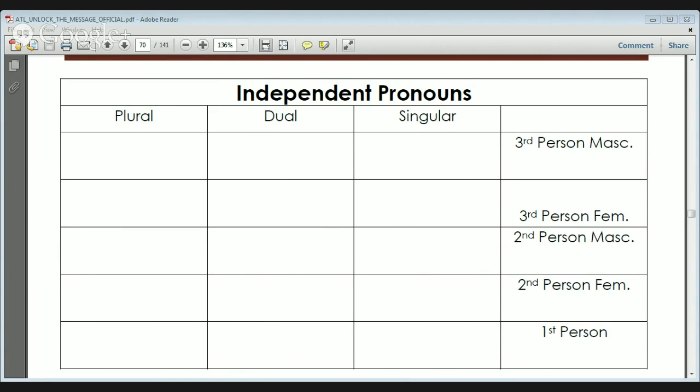Okay. All right. Huwa, huma, hum, hiya, huma, hunna. Next is anta. Anta means you. And the attached pronoun is ka.